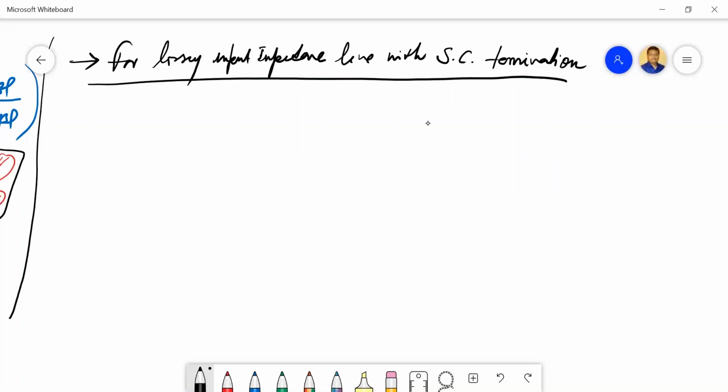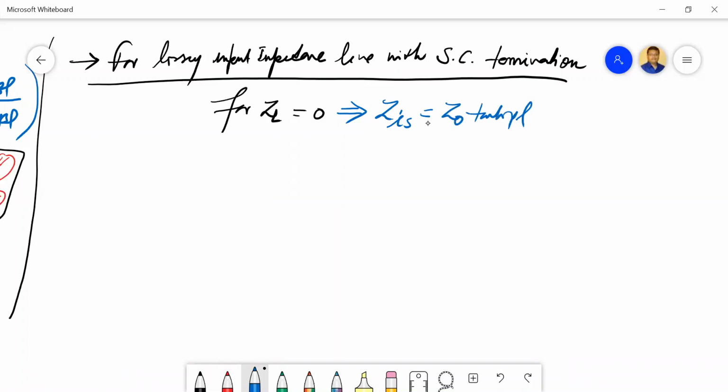It means Z_L = 0. So let us discuss it one by one. When I say Z_L = 0, immediately you can write that the input impedance will be like this. Immediately you can calculate.